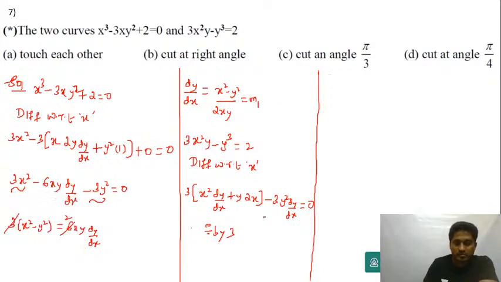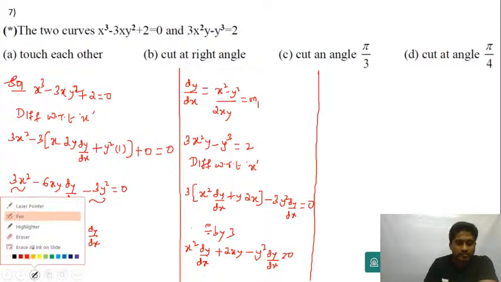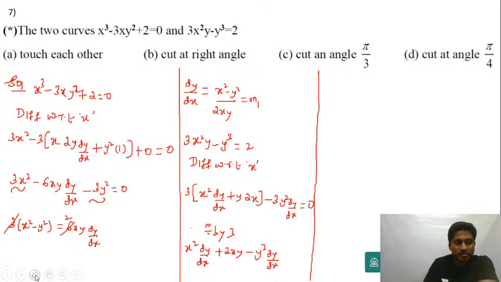So if I divide by 3, here itself I'll write down x square into dy by dx plus 2xy minus y square into dy by dx is equal to 0. I'm going to take dy by dx common between the first term and the last term.